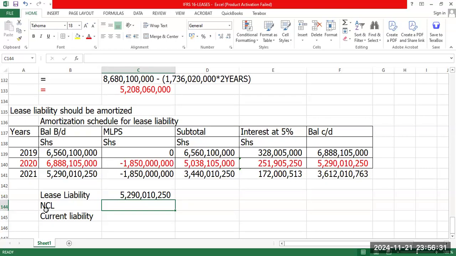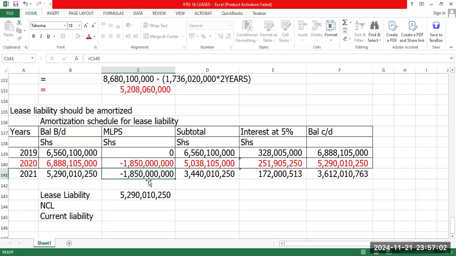What is our non-current liability? The current liability is the minimum lease payment. That is number 1. The current liability is what you are supposed to pay next year.